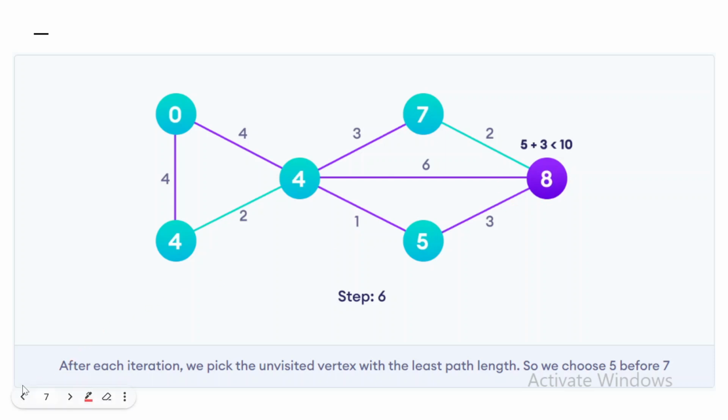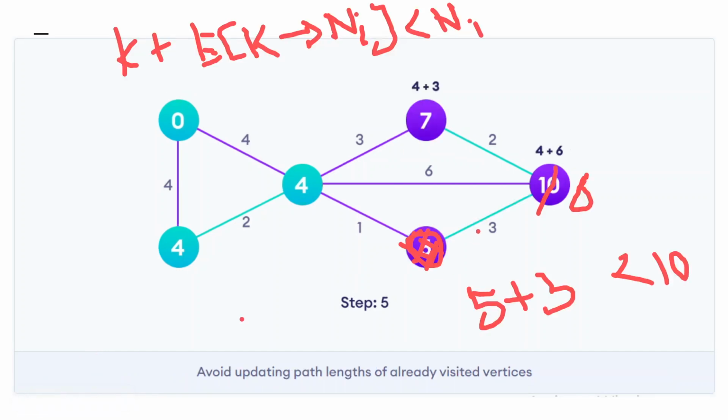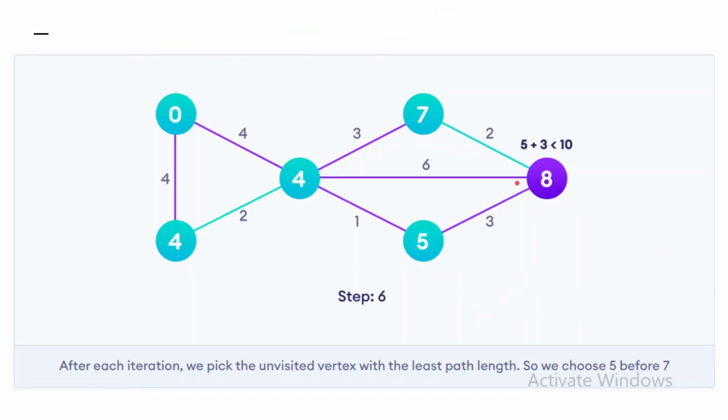So here's the thing. Once this is done, sorry for that. So this is visited, this is visited, this is visited, and this is visited as well. Remember, for some reason this is given in this color.